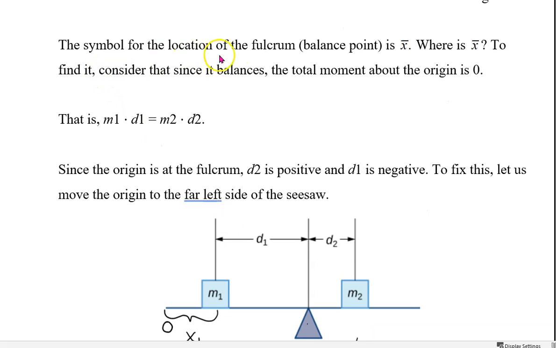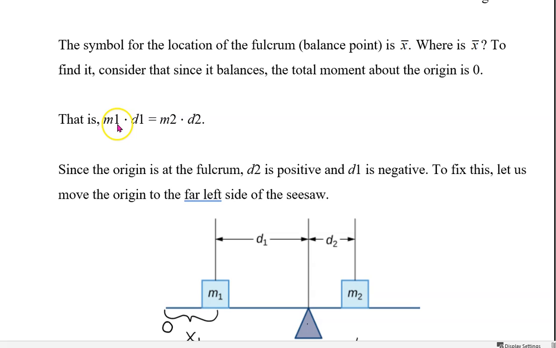The symbol we use for the location of a fulcrum when we only have one axis is x bar. Where is x bar? To find it, consider that since it's balanced, the total moment about the origin must be 0, since the location of x bar is the moment divided by the total mass.